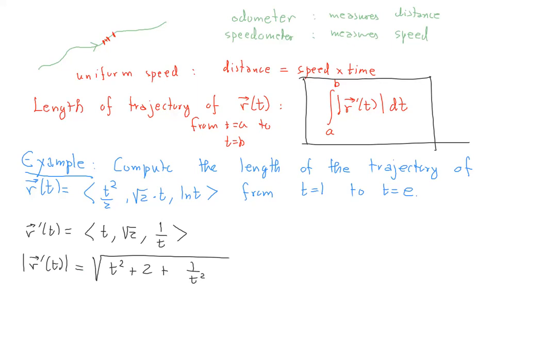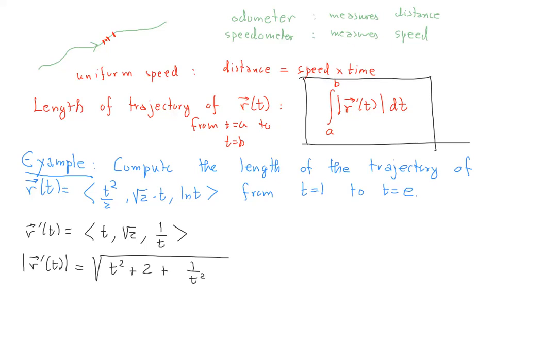And this is not some isolated challenge that we're finding here. When we try to find lengths, we will very often come up with these integrals of functions contained inside square roots. And those integrals are not so easy to come up with the antiderivatives of the integrands.